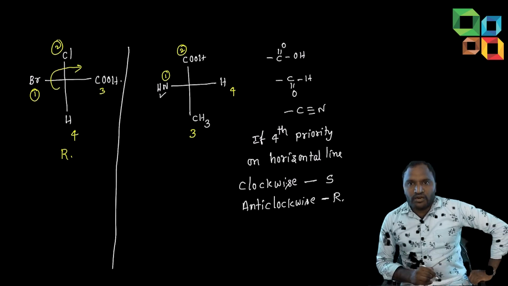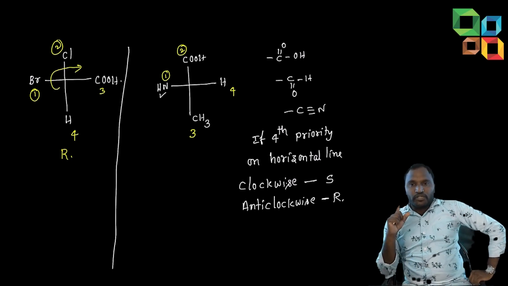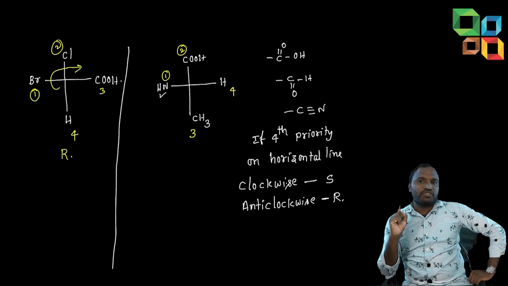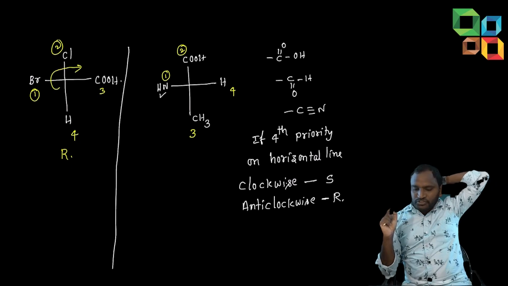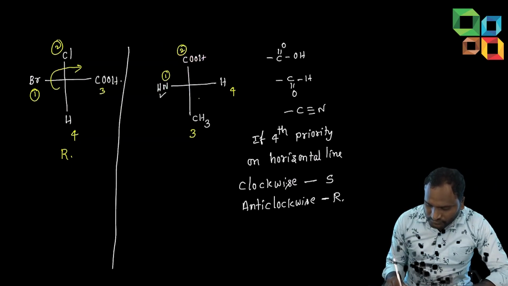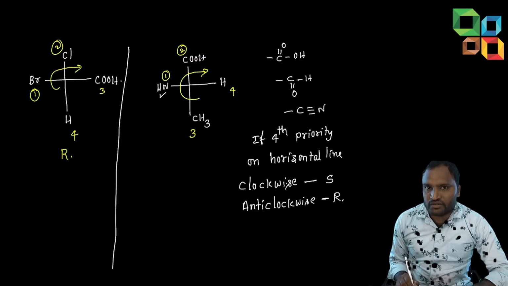Priority anyway, by knowing atomic masses you can give. If the fourth priority is on the vertical line, clockwise gives R or anti-clockwise gives S. If the fourth priority is on the horizontal line, clockwise gives S, anti-clockwise gives R configuration. Okay. So now this one is clockwise, but fourth priority is on the horizontal line.